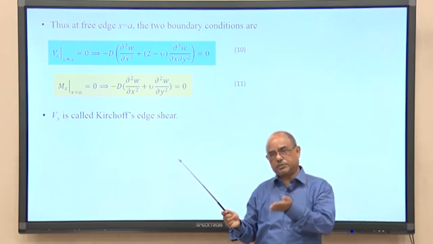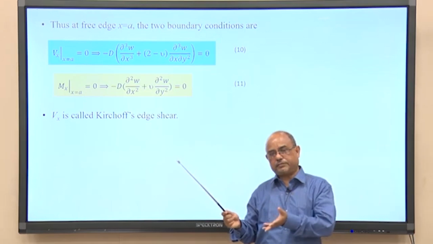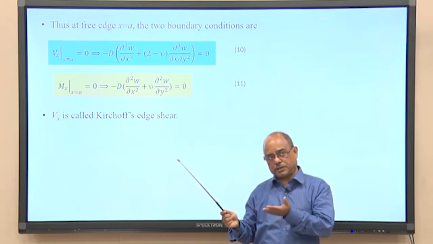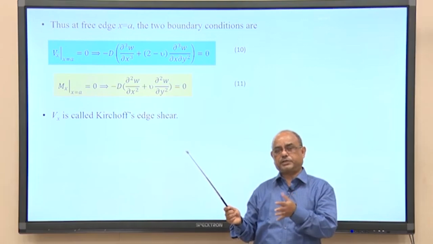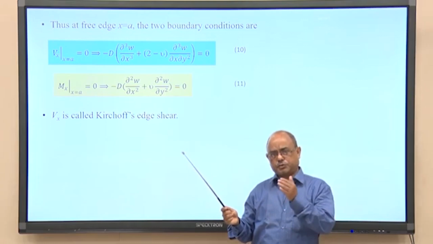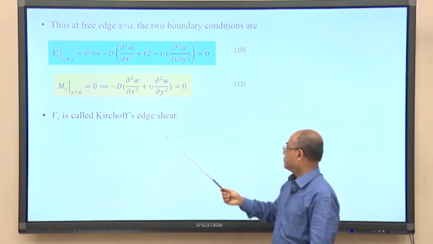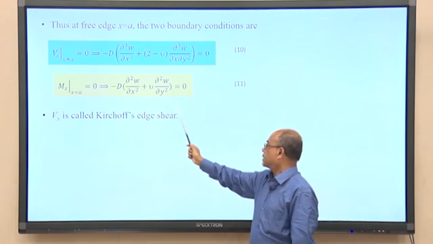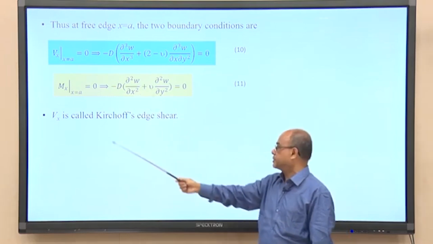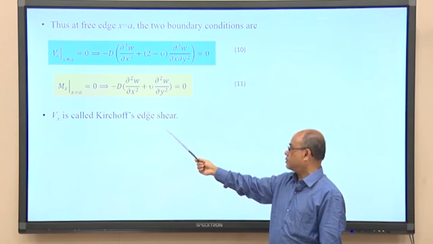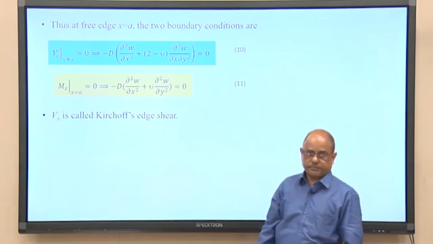So, it is going to be deflected, and at the free edge significant, measurable deflection will be there, and slope will be there. Therefore, you have to take two terms in the moment expression, and V x is known as the Kirchhoff's shear.